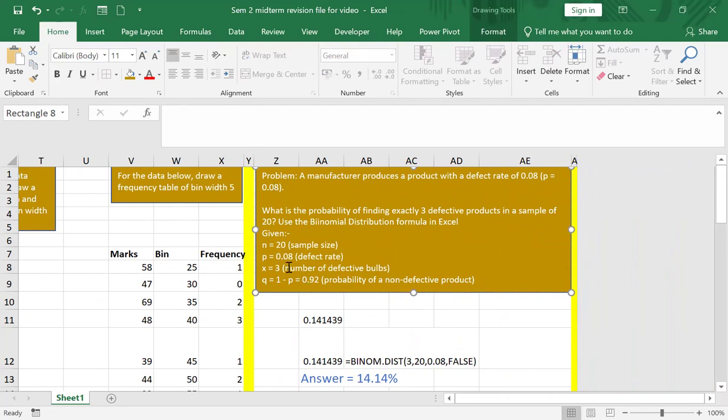The number of defective products is 3. And q is 1 minus p, that is 1 minus 0.08, which is 0.92. That is if you have to use the formula.